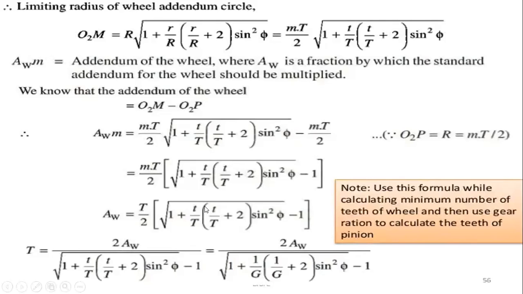In total we got the formula: capital T is equal to 2 into AW by root of 1 plus 1 by G into 1 by G plus 2 into sin square phi, minus 1.